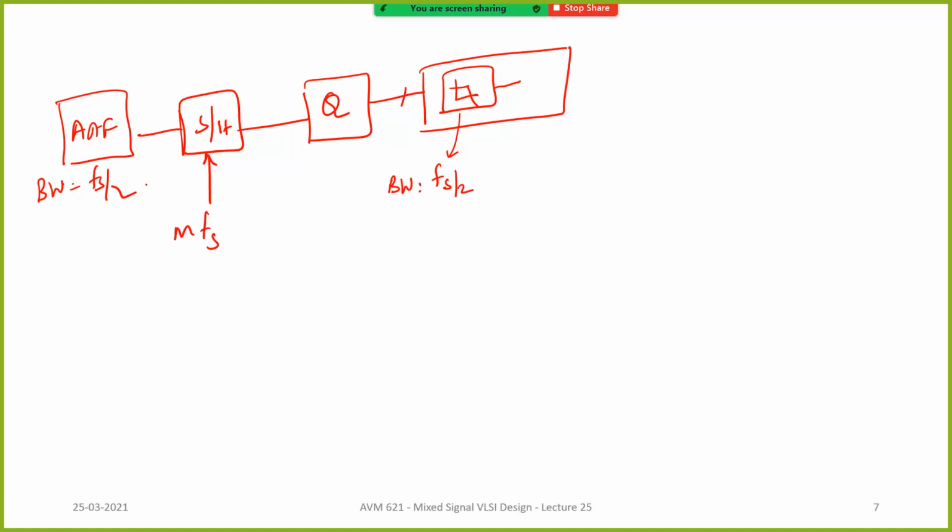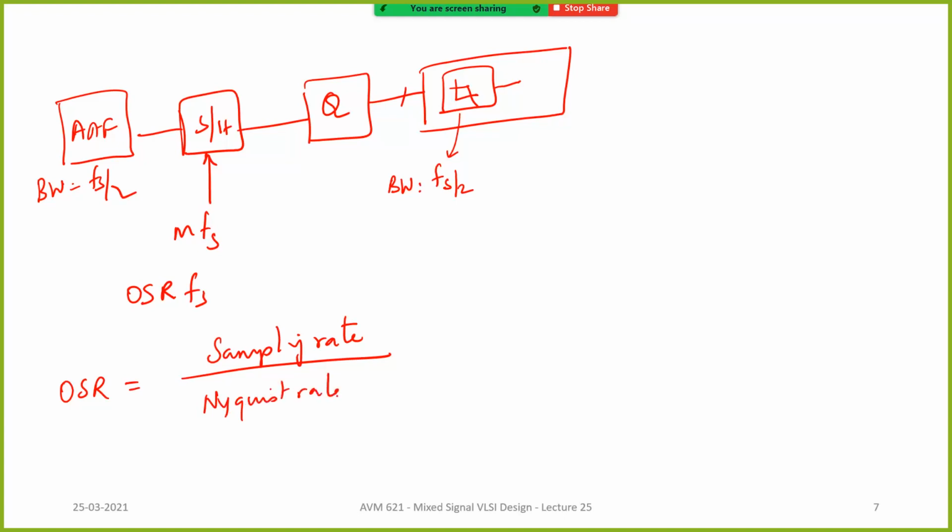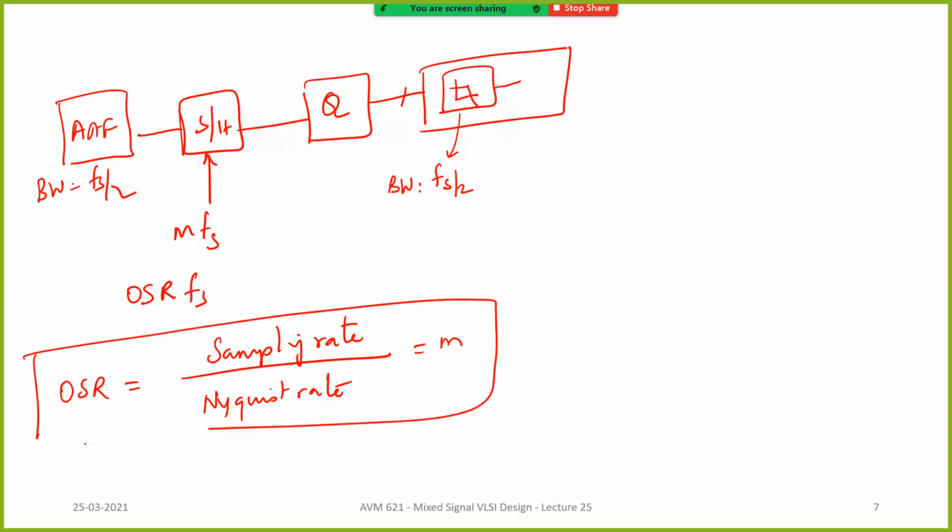But instead of sampling it at Fs, I am doing it at m times Fs, or in other words, OSR times Fs, where OSR is nothing but the actual sampling rate divided by the Nyquist rate. In this case, OSR is m. We will be encountering this factor called OSR, which stands for oversampling ratio.